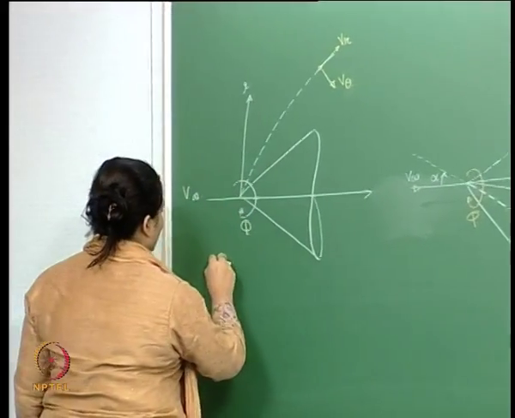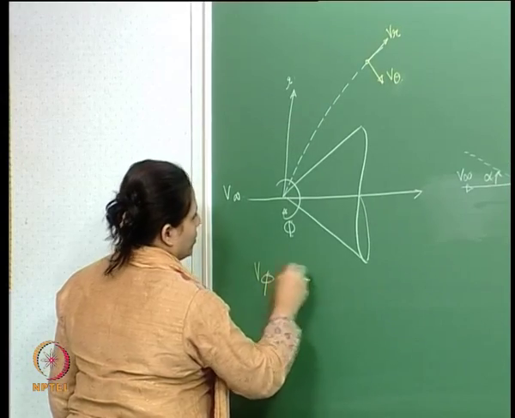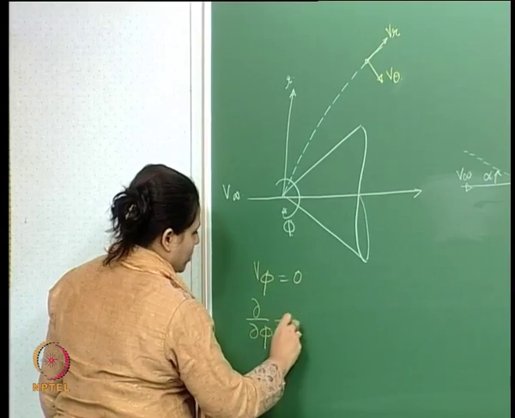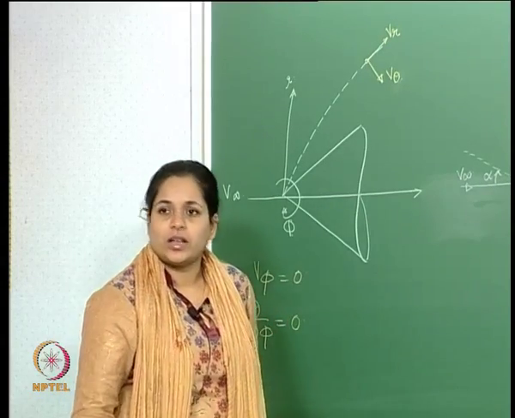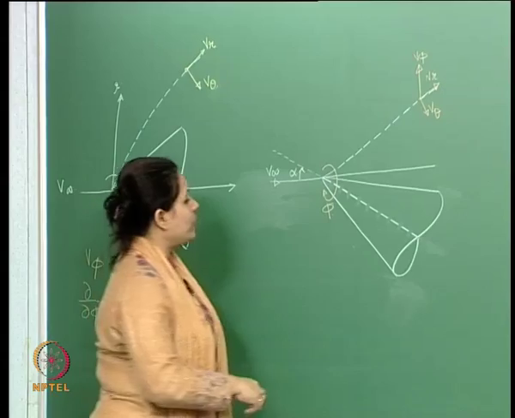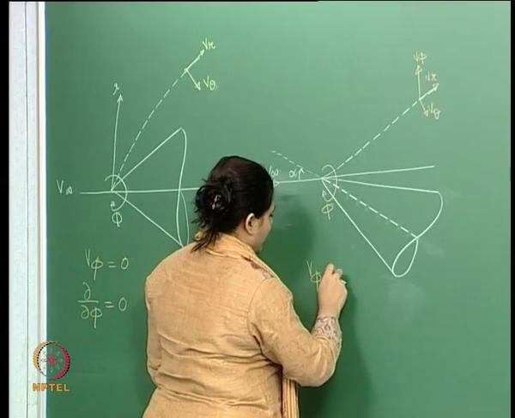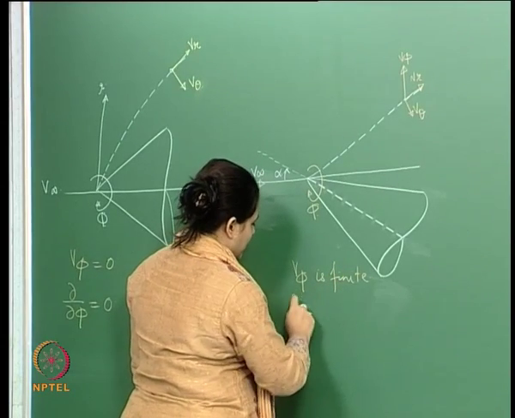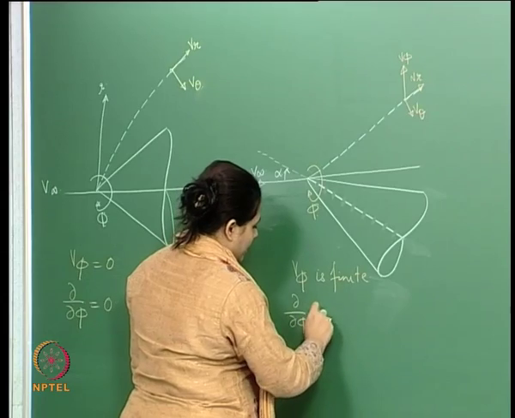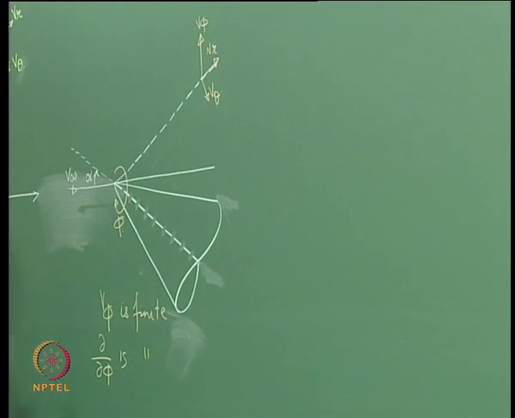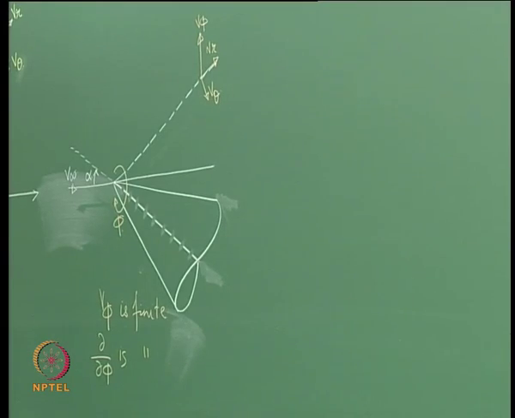V phi there is 0, since this is the axisymmetric case, so there is no property change in the phi direction. Here of course that is not so. Here v phi is finite, it exists, and del phi is also finite. This does not go to 0. So, this is in terms of what sort of velocities we would be looking at.